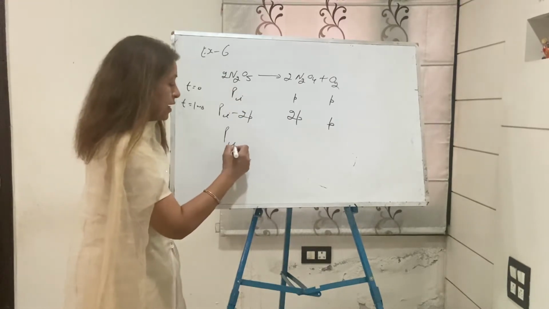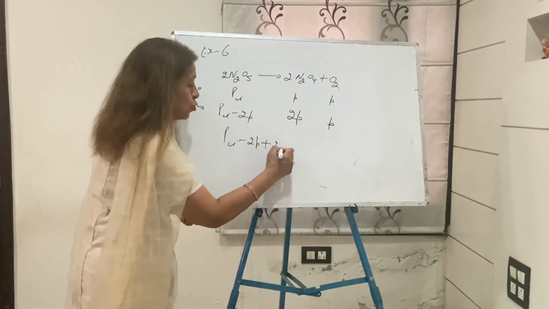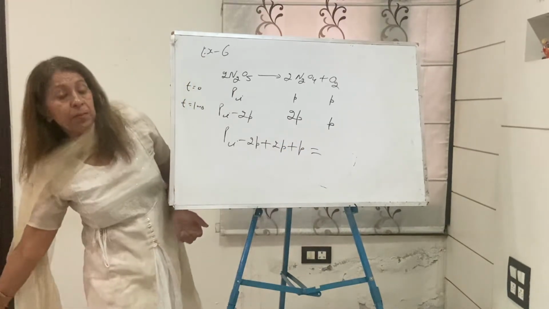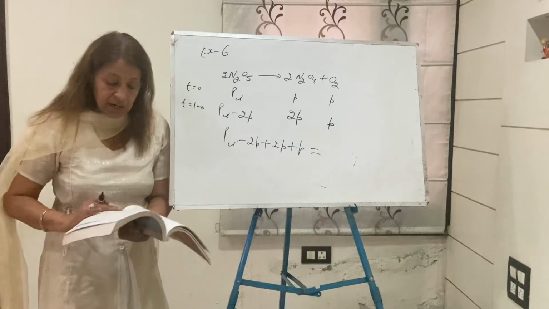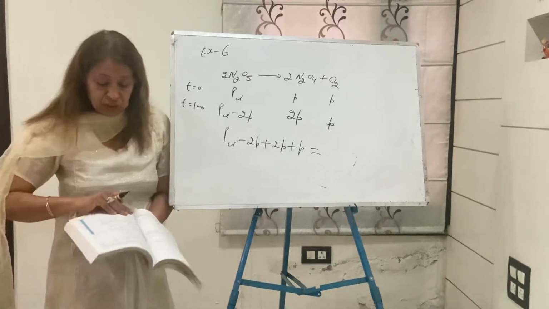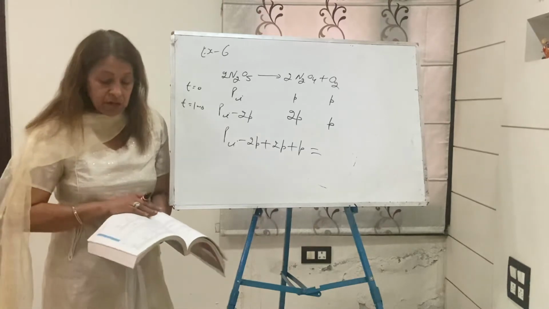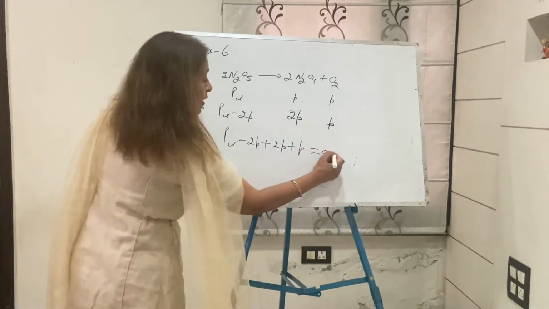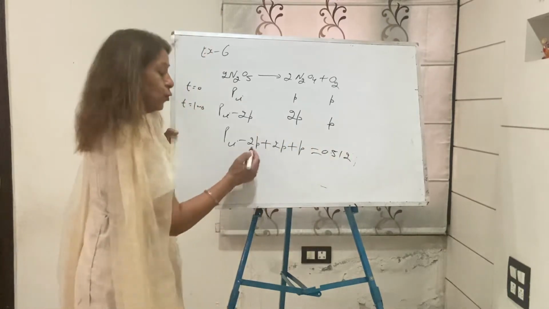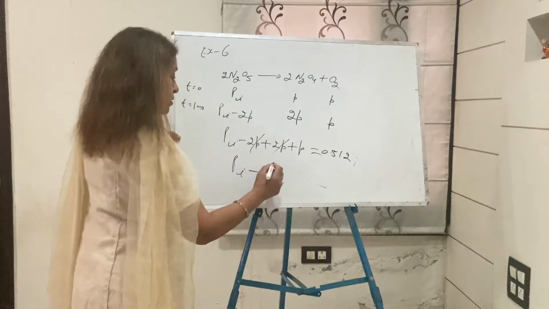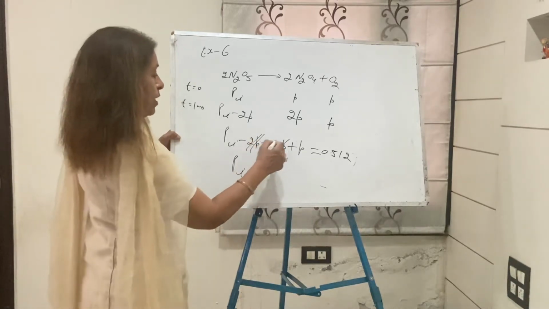So write down Pi minus 2p plus 2p plus p is equal to the total pressure given after 100 seconds, which is 0.512 atmosphere. Pi minus 2p and plus 2p cancel.